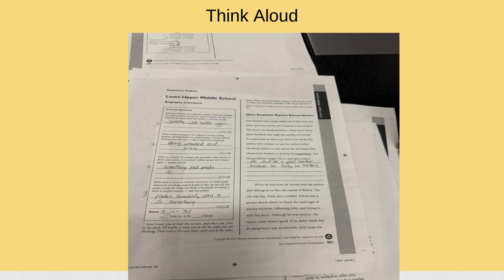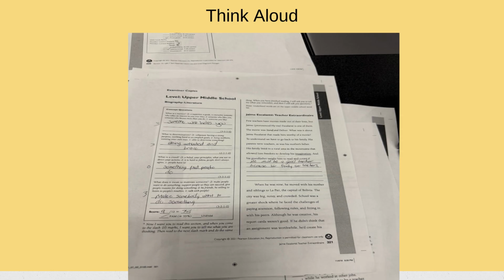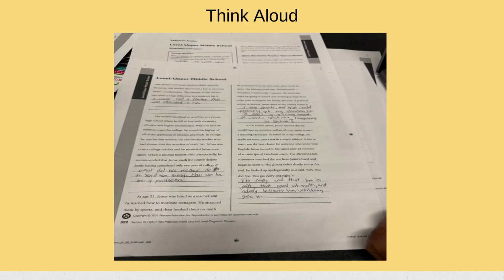We see certain comments that he makes where he points out that the main character, who is a teacher extraordinaire, must be a good teacher because he comes from a family of teachers. He realizes that very early on in the passage. So we can see that that is a justification made as he's reading through the passage.